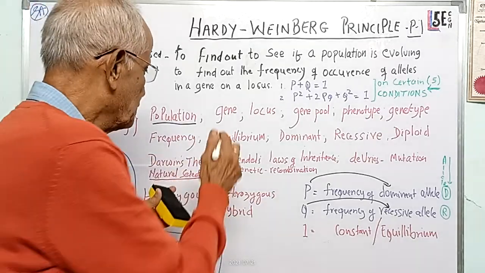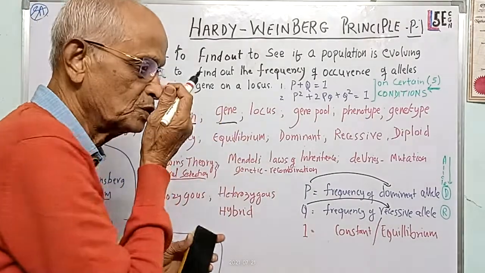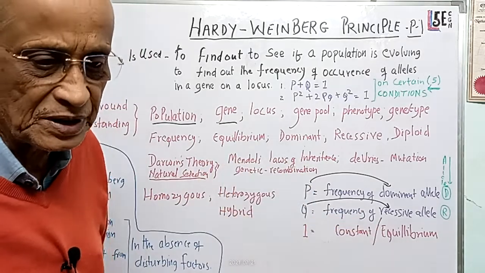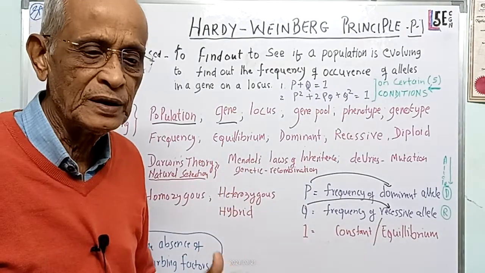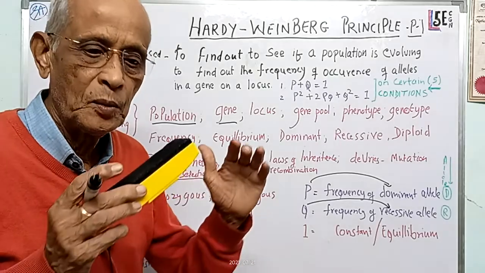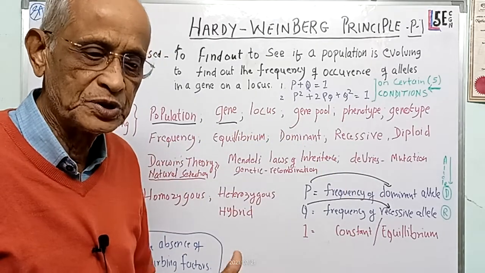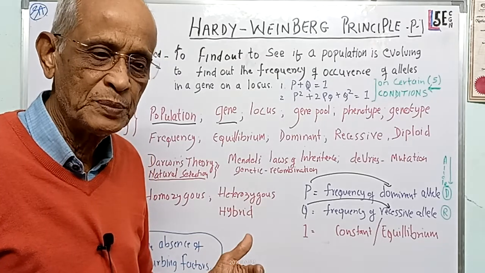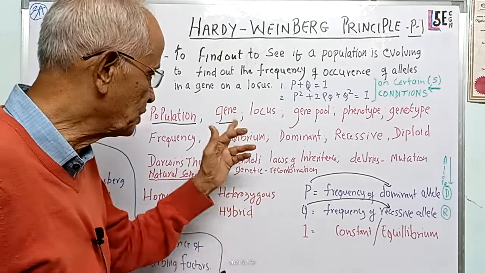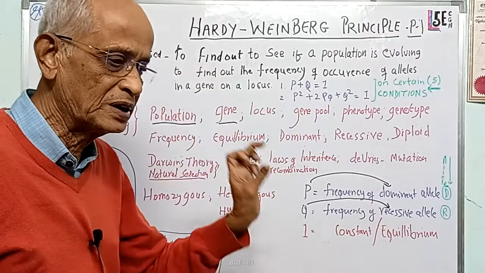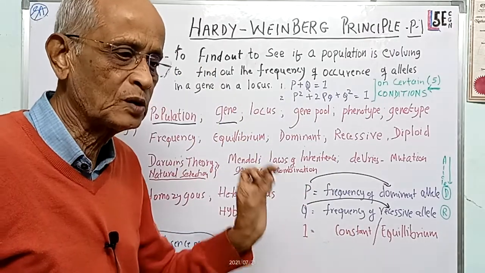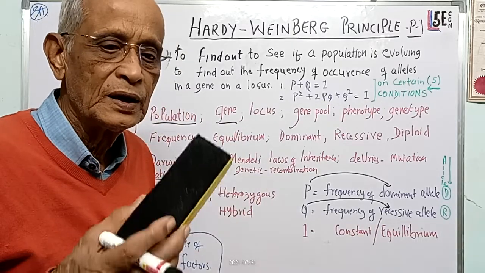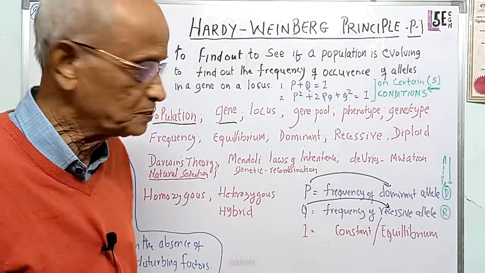Then the word gene. Gene, you all know that, you already studied. A gene is a segment of DNA which can produce a phenotype, and that phenotype will depend upon the gene. A gene is a segment of DNA that can code for a number of polypeptide chains.